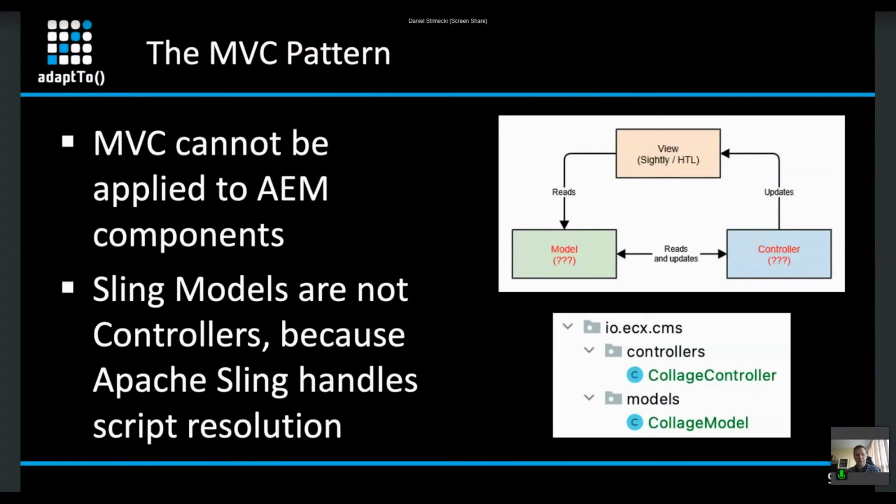Of course, this was my first try of applying MVC, and it didn't work because Sling models cannot really be used as controllers, because Sling just works differently. Sling is actually our controller because Sling is handling script resolution that would usually be handled in a controller in other frameworks that apply the MVC pattern.